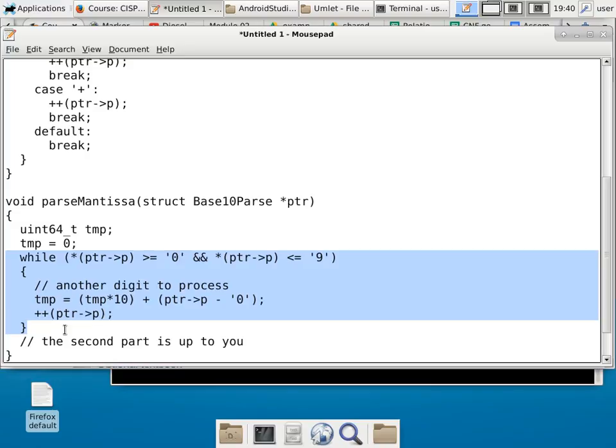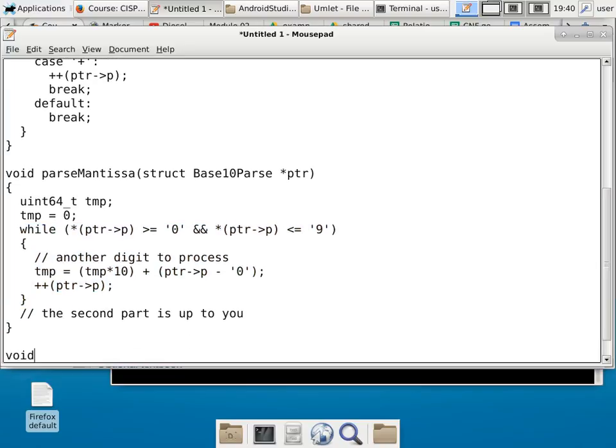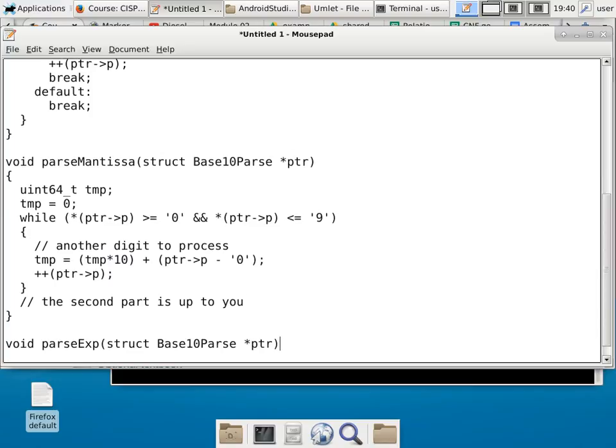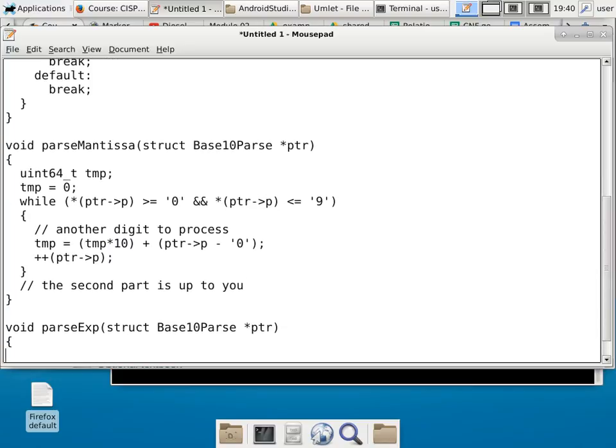Okay, so in addition to parse mantissa, I'm just going to give you a clue here. You will also have a parse exponent, and it's going to have the same parameters. By the time you call parse exponent, you are basically saying that the pointer p should be pointing at lowercase e, or it should be the end of the whole thing already.